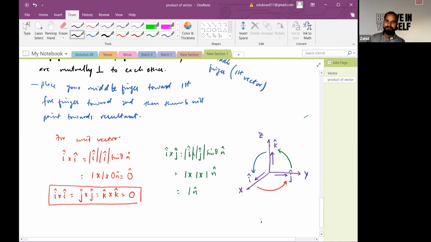It means i, j, and k. So k cross j will be minus i, j cross i will be minus k, and i cross k will be minus j. So it will be negative.